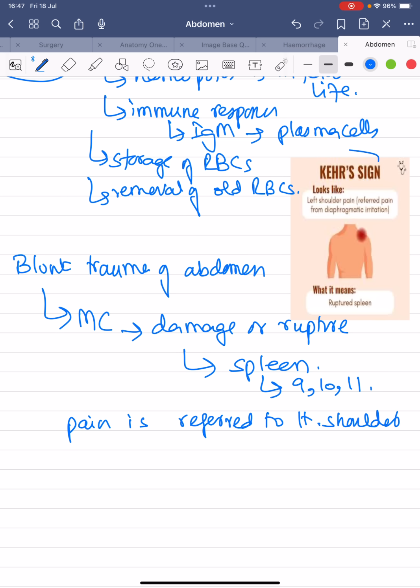A patient comes to you with blunt trauma of the abdomen and says, doctor, I also have left shoulder pain developing. It means splenic blood is present under the left dome of the diaphragm, irritating the patient and causing pain. So it is known as Kehr's sign.